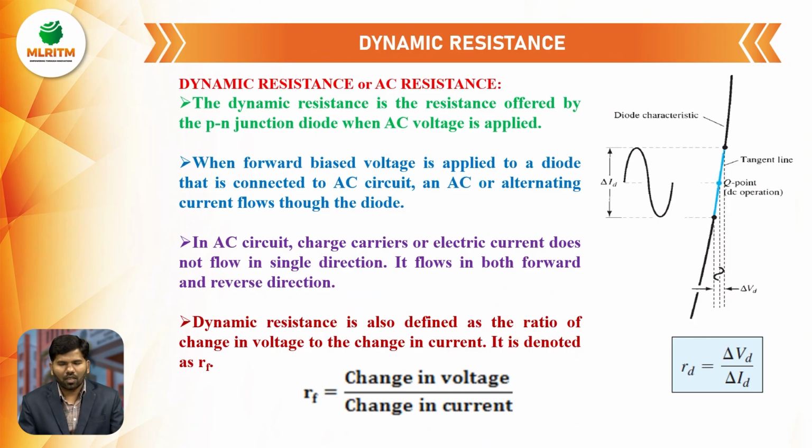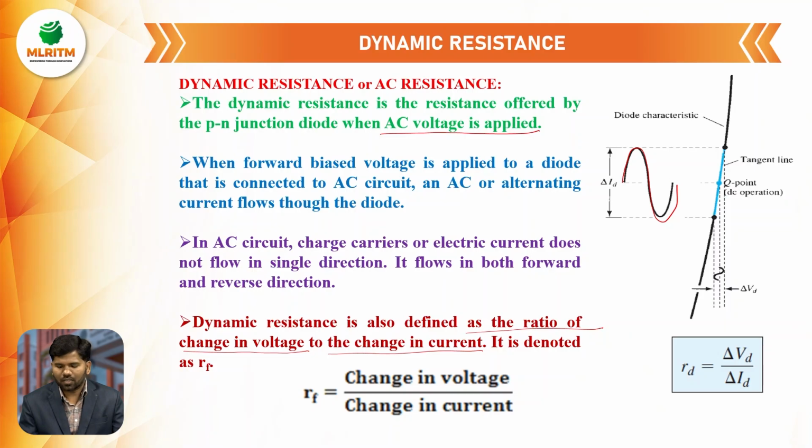So next, coming to the dynamic resistance. The dynamic resistance is the resistance offered by the PN junction diode when an AC signal is applied. The simple definition for dynamic resistance or AC resistance is the ratio of change in voltage to the change in current. Why? Because here we are applying an AC signal, which means it is a time varying signal.